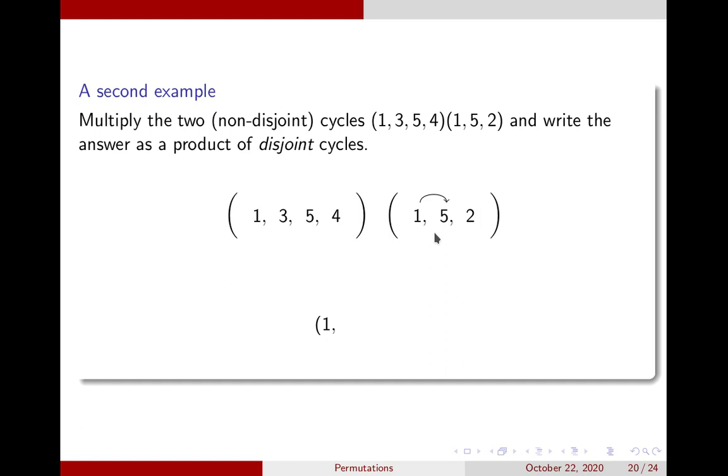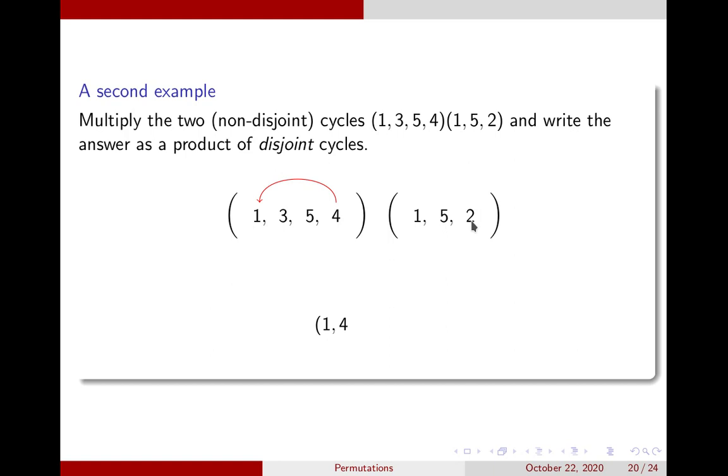1 is sent to 5. And then we plug 5 into the second cycle. 5 is sent to 4. So 1 is sent to 4. And now we use the product of the two cycles to find the next element in the answer cycle.